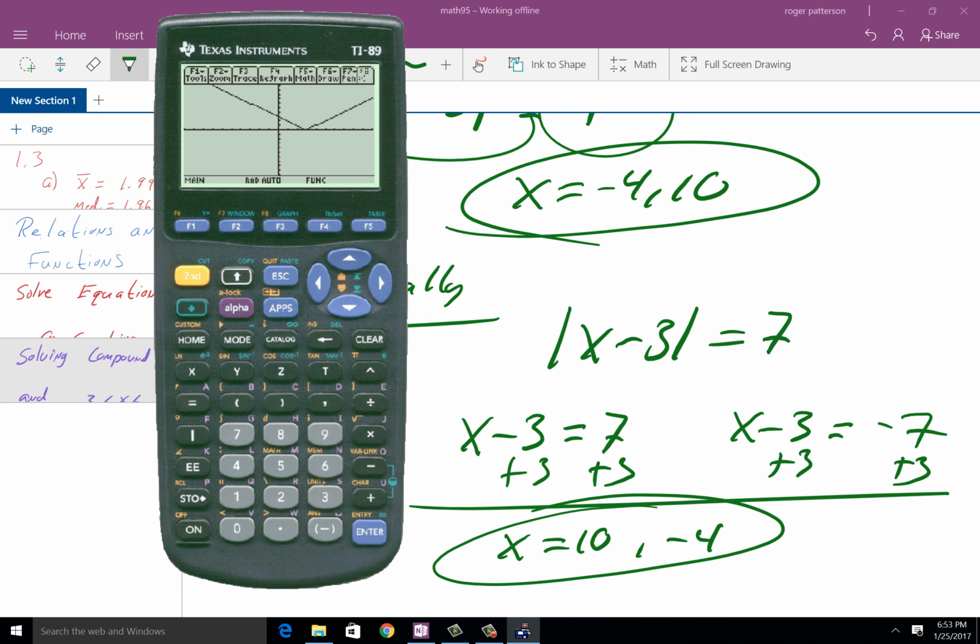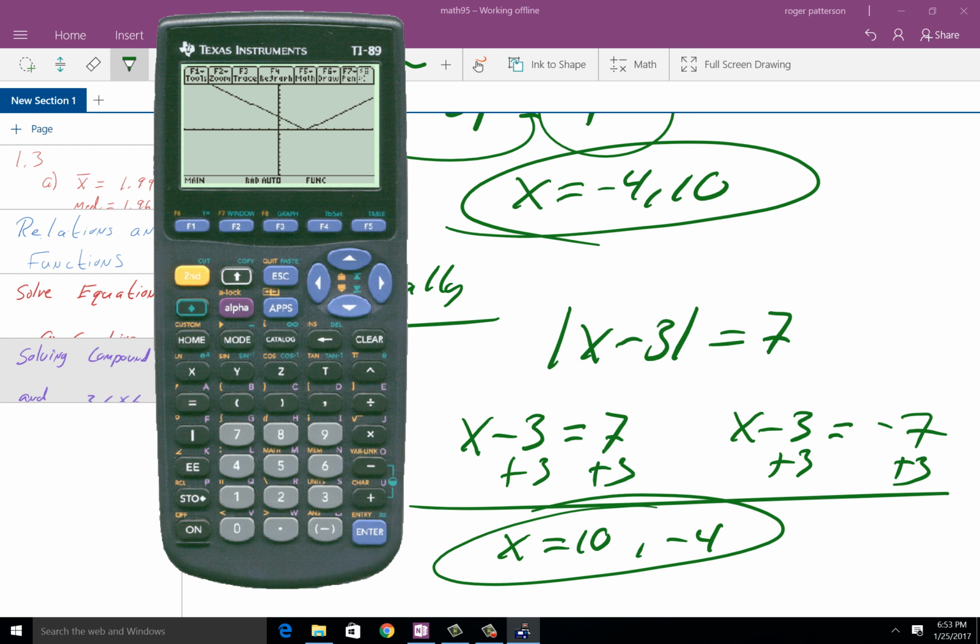83, 84, folks. There's a math key on there, right? So, Y equals. Okay. And then there's a math button on there, right? And is ABS in the math button?